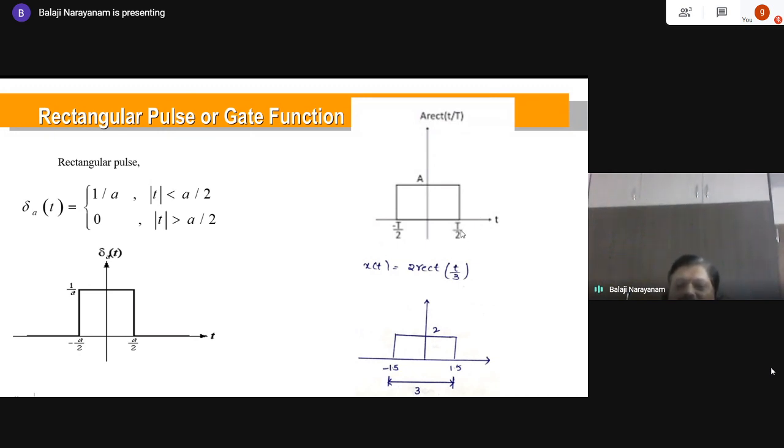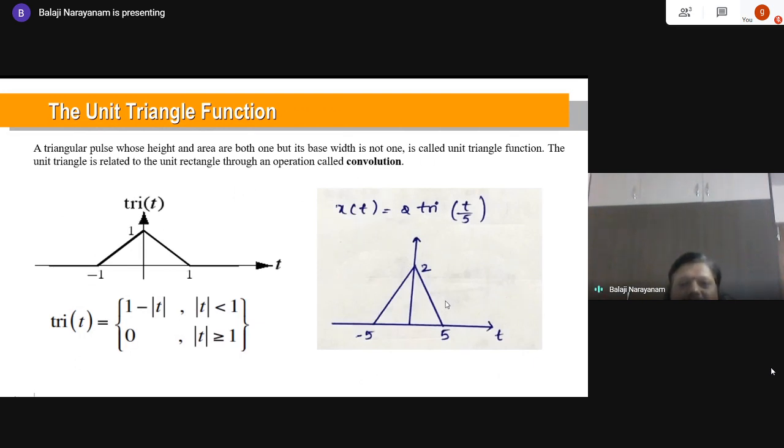And now if you are asked to plot 2 rect of t by 3, what is to be done is the amplitude being 2, here 3 by 2 is 1.5, so we got 1.5, and here again minus 1.5. Now subtract the lower limit from the upper limit, then 1.5 minus minus 1.5 will result in a time of capital T of 3. So we can clearly see this rectangular pulse or gate function.